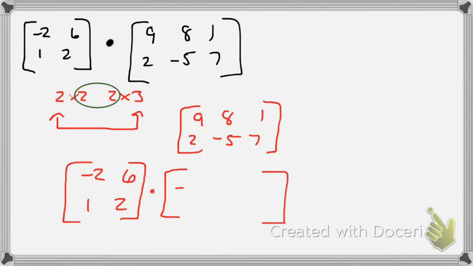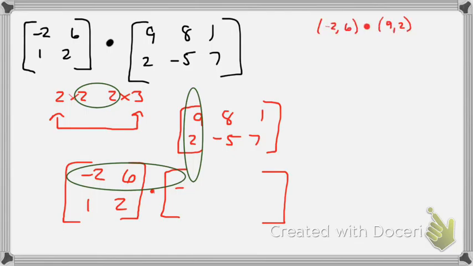And it looks to me like it would be this and this. The left column and the top row. So what we're going to do to get our answer is we are going to take the dot product of those two vectors. Top and left is going to give us the top left part of our answer.